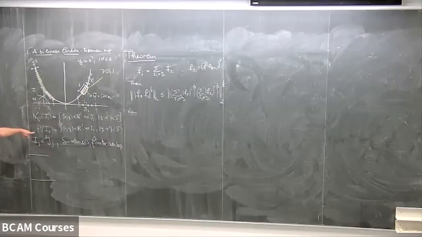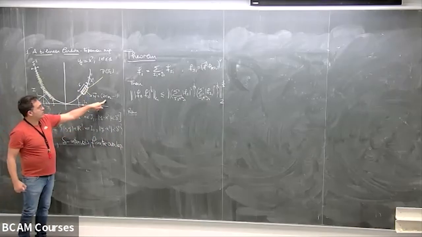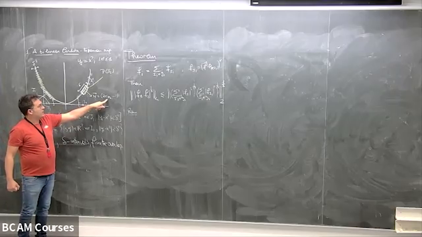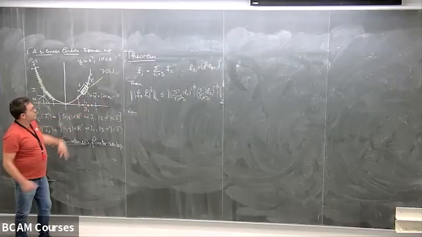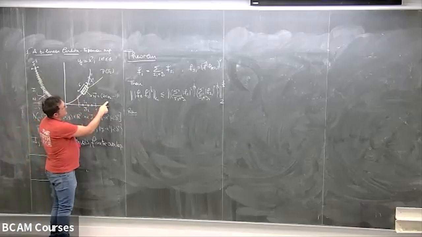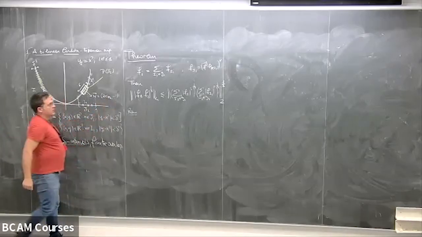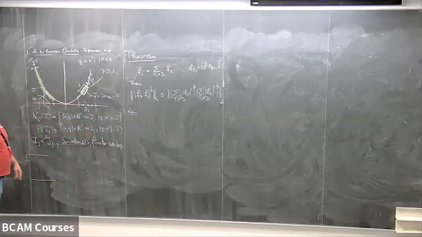If you compute the normal to the parabola at the center of the interval I_j, you get this vector. It points along the direction identified by the center of the parabola this way.